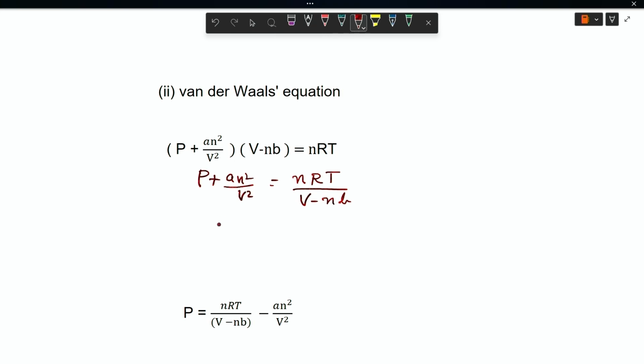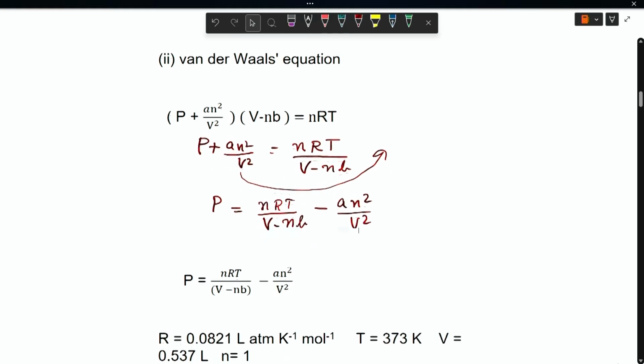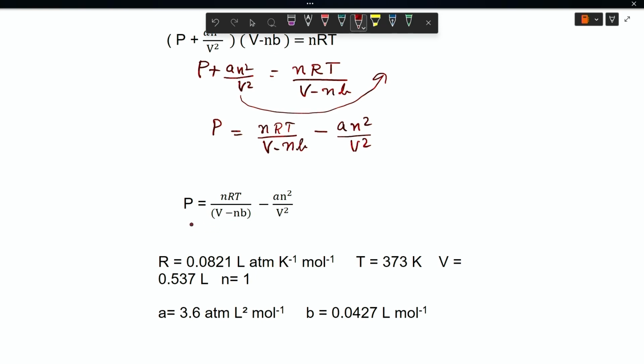Now, again this is not an equation for pressure. I would have to take this term to the other side. Since this is added over here, when we take it to the other side, it becomes subtraction. P equals nRT by V minus nb minus An square by V square. So, this is the expression for pressure according to van der Waals equation.